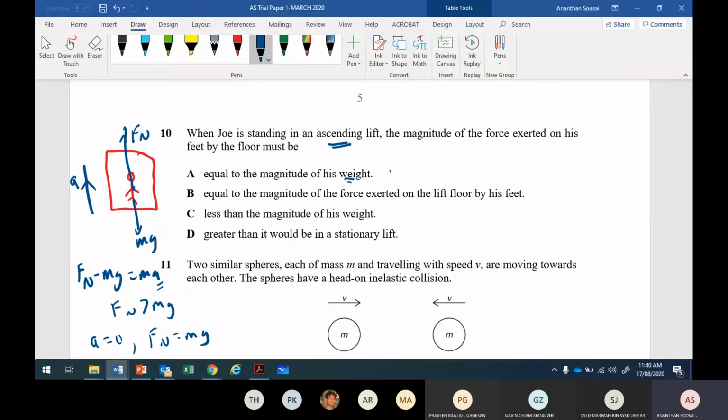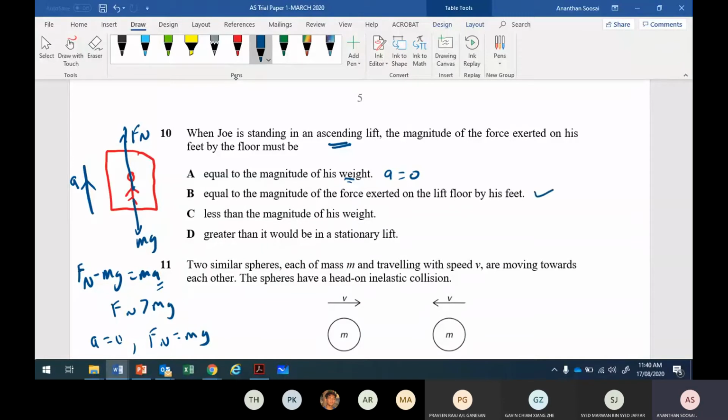A only happens when the acceleration is 0. So A is not wrong, but we go for the best answer. Equal to the magnitude of the force exerted on the lift floor by his feet. This is perfectly correct.